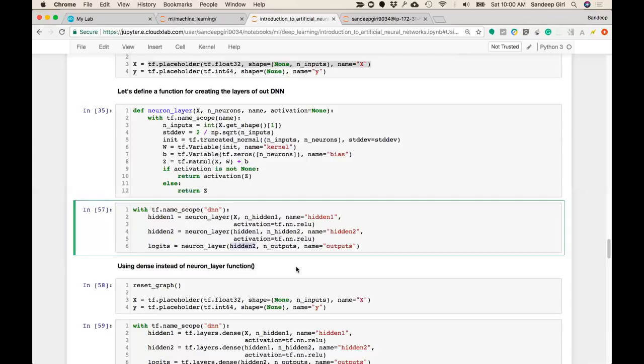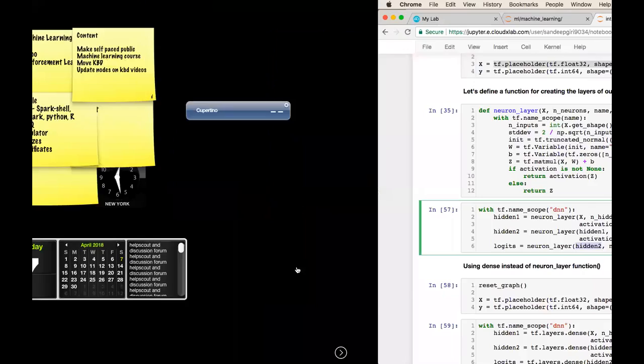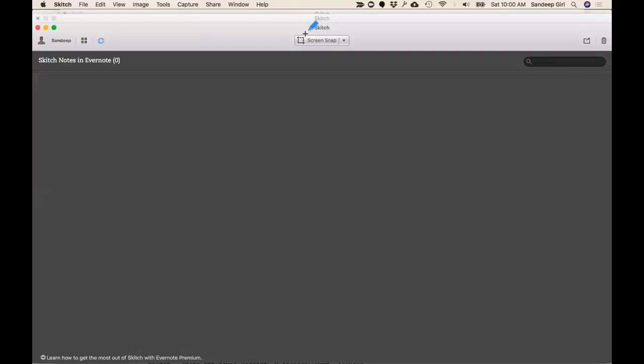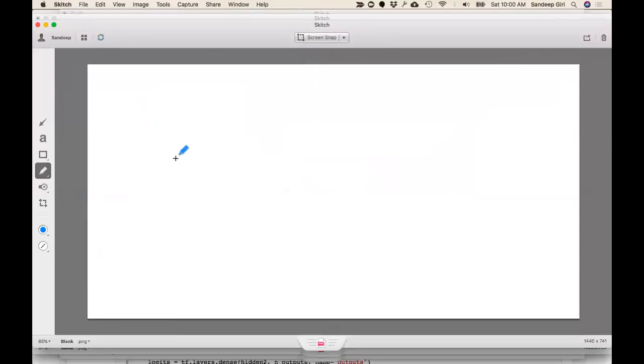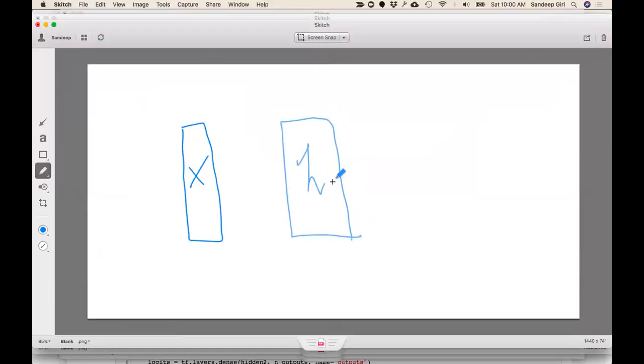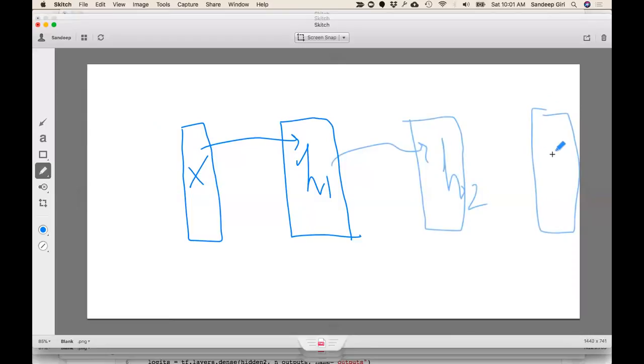Say this is our X, and this is the first hidden layer. The input to this hidden layer is coming from X, and the input to the second hidden layer goes from here, and then we have the output layer or logits layer, and this is what we are trying to do.